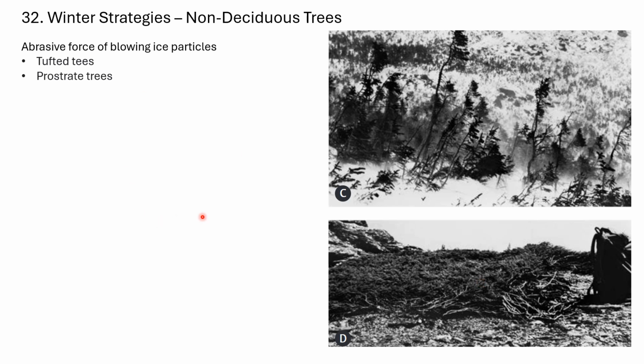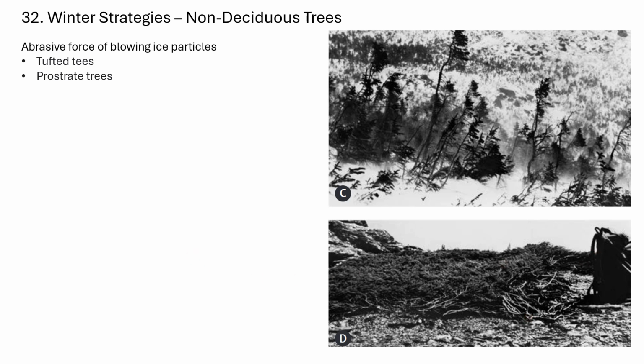I'm going to make sure I have the right spelling here. It's growing close to the ground, prostrate to the ground. And as such, the snow is covering it completely, and it is being protected by the snow cover from the abrasive force of wind carrying those ice particles.